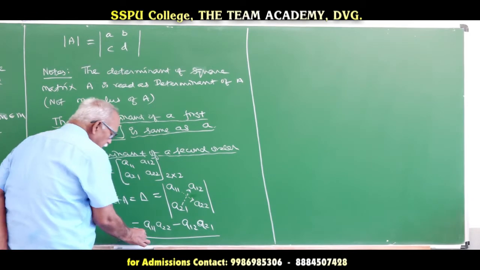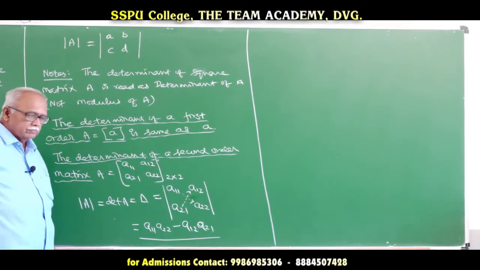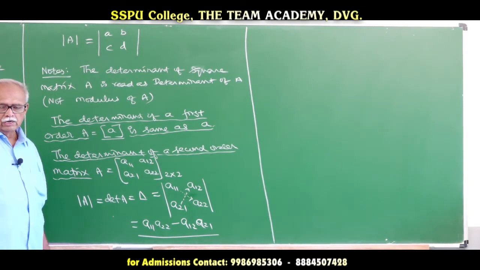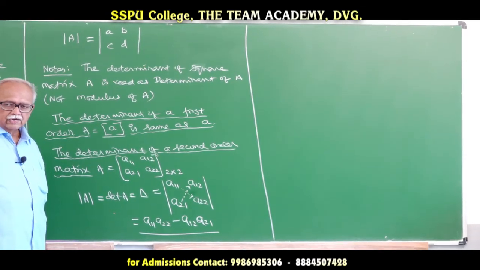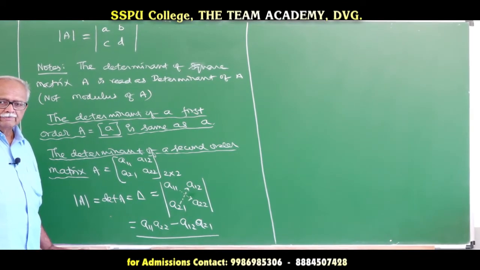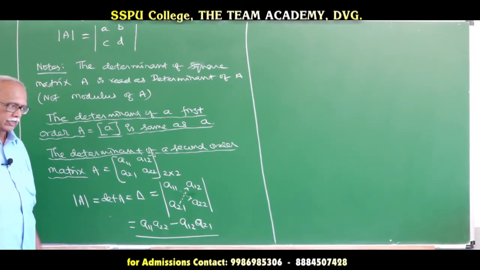So this is the second order determinant. Let us see in the next how we are going to get the value of third order determinants.